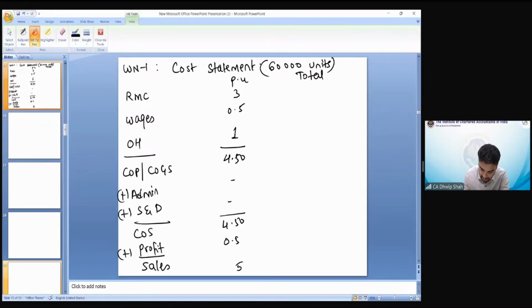Profit would be my balancing figure, which is 0.5, and sales is rupees 5. So 60,000 into 3. Can I say my raw material consumption comes to 1,80,000 rupees? Yes or no? Then 60,000 into 0.5. My wages comes to 30,000.